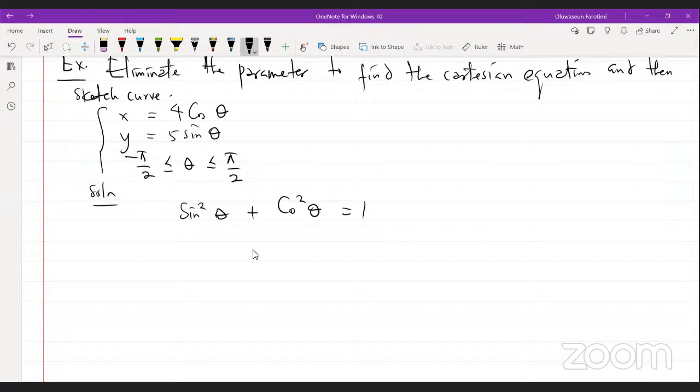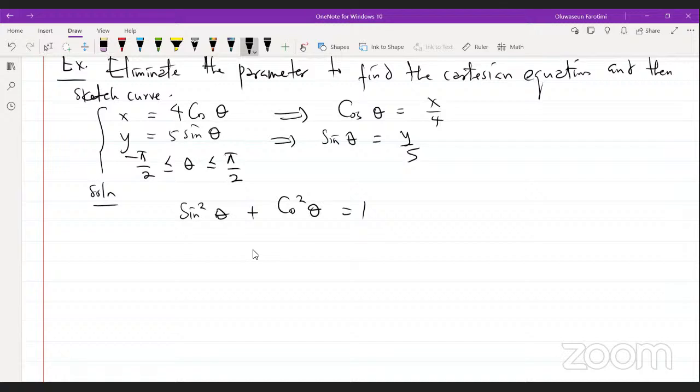I know this already. Now, this guy is sine squared, this guy is cosine squared. But over here, things are looking a little bit different from the previous one. This has constants, 4 and 5. From here, I know my cosine theta is just x over 4, right? Just do that kind of little algebra.